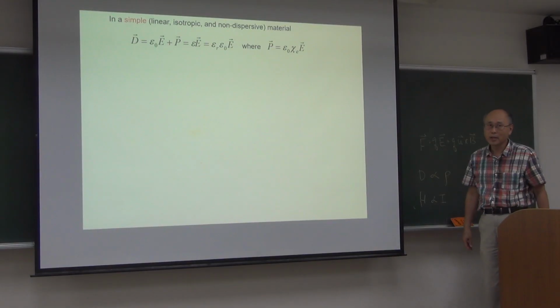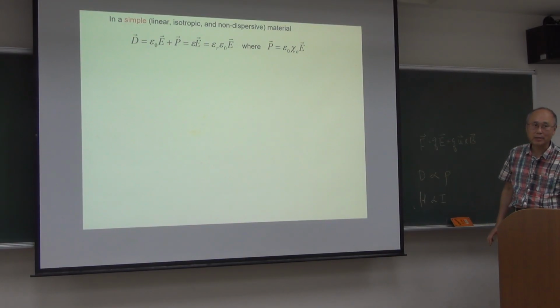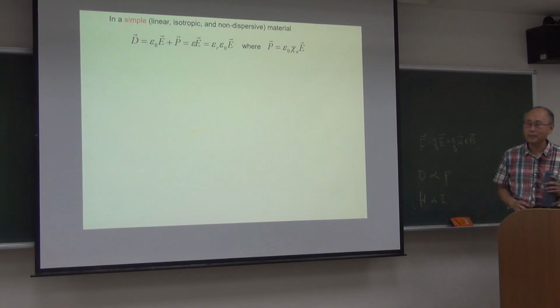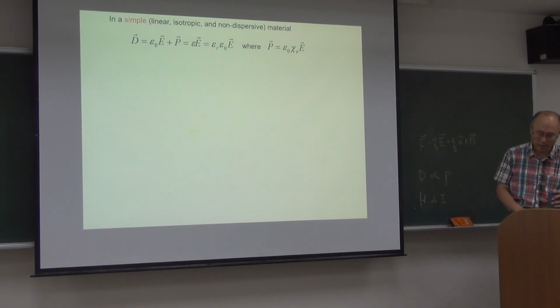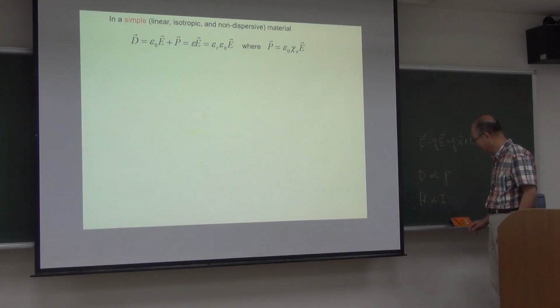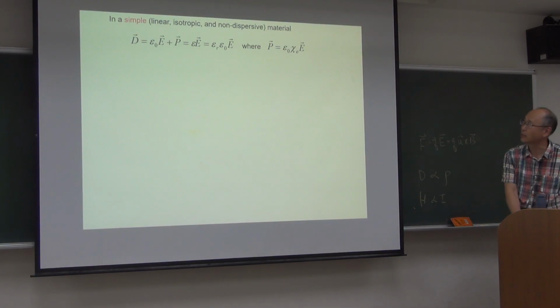Okay. Well, a simple medium is a linear, isotropic, and non-dispersive material. Okay. So we focus in this class on simple medium. And of course, when we say linear, it means that your polarization density vector here is linearly proportional to the electric field.